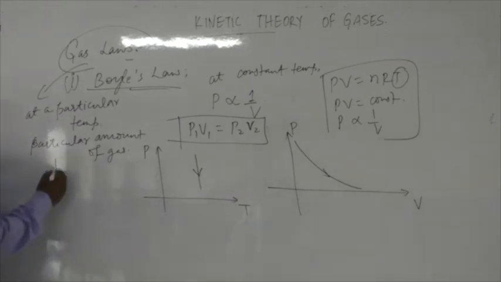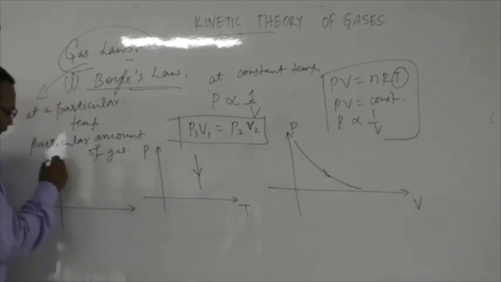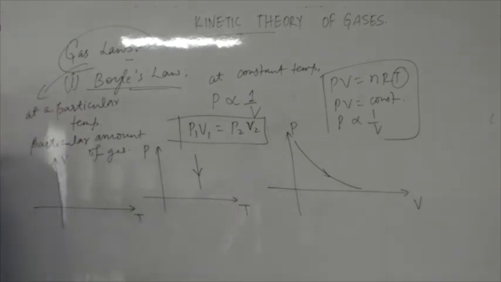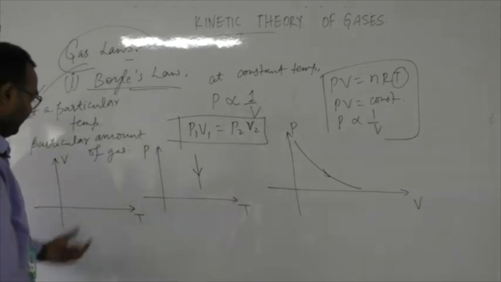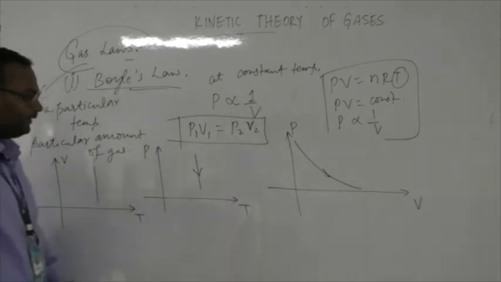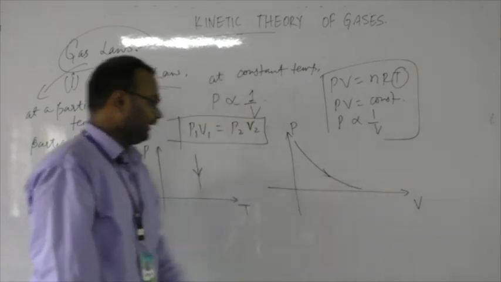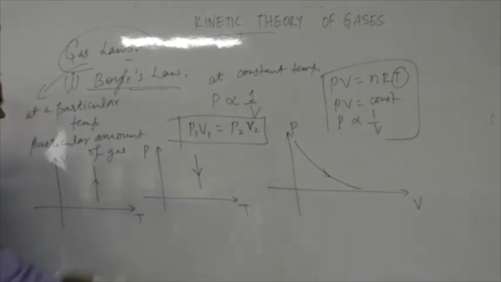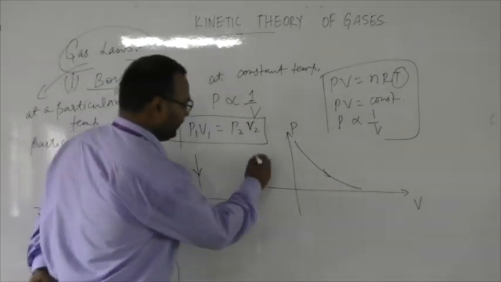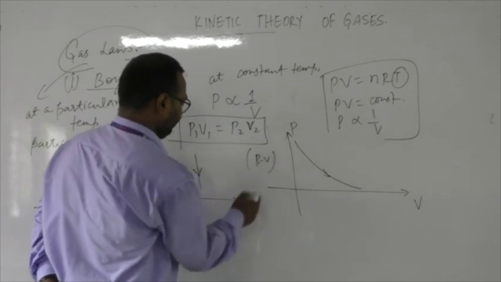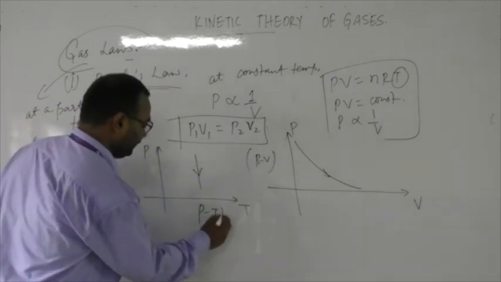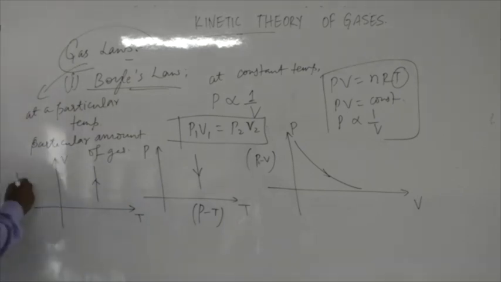Now, try to draw the graph of V and T. Again temperature is constant, but here the arrow is different, volume is increasing. So this is the PV curve, this is called the PT curve, and this is your VT curve regarding Boyle's law.